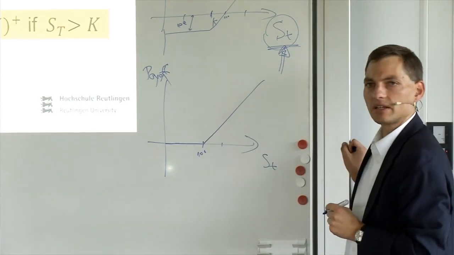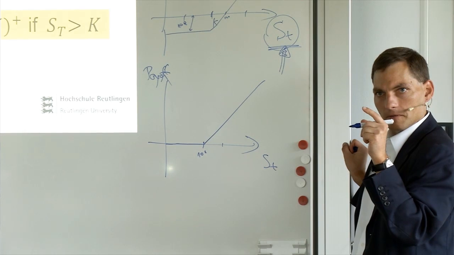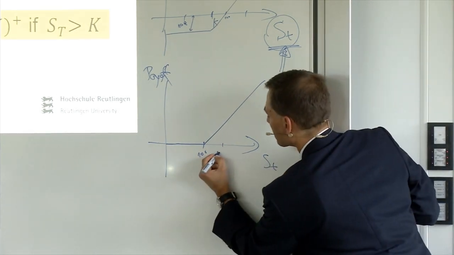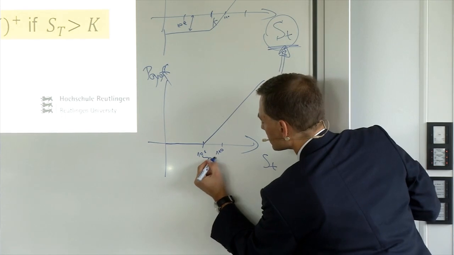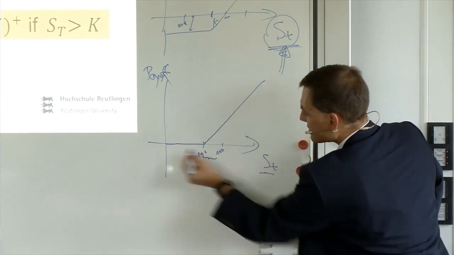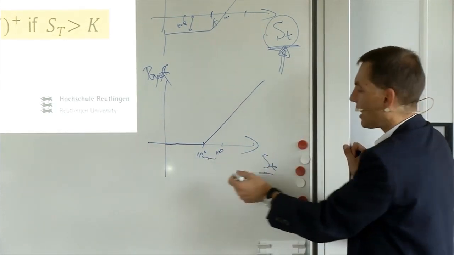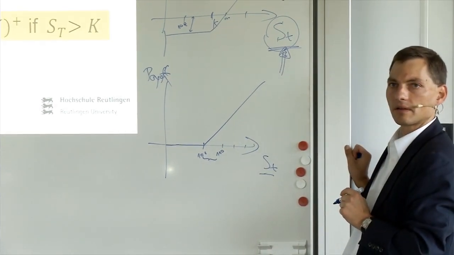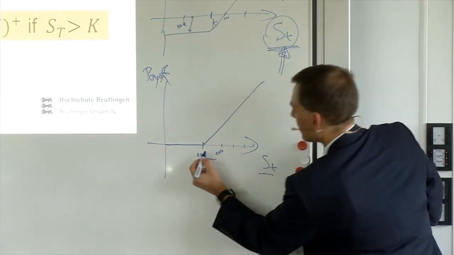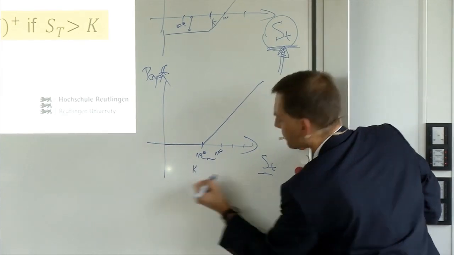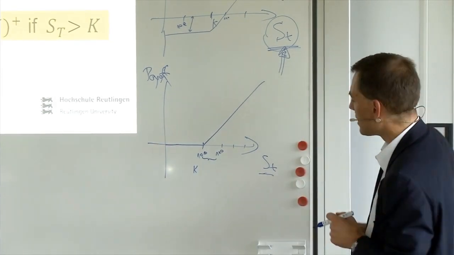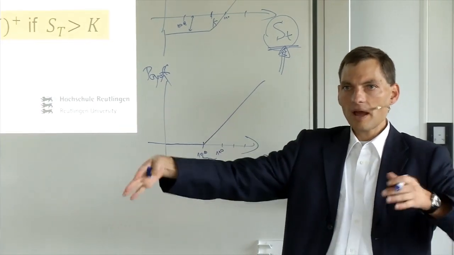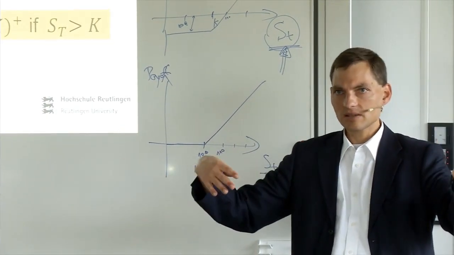Suppose at the end of maturity, the price in the market at the stock exchange is 110. On the horizontal x-axis, we have the price of the underlying. Here's 100, 110, 120, and so on. This is K, my strike price, 100. At the end of maturity, I think about whether I should exercise or not.